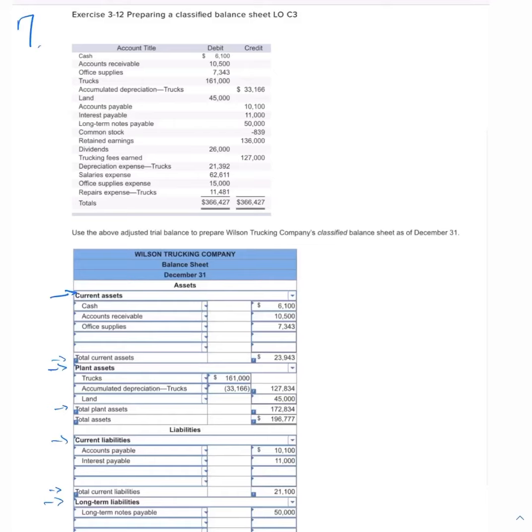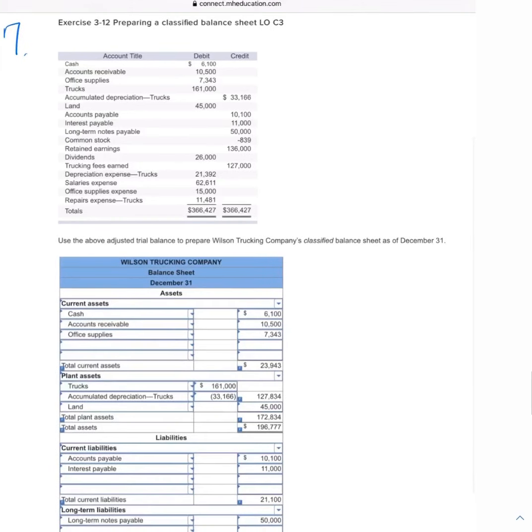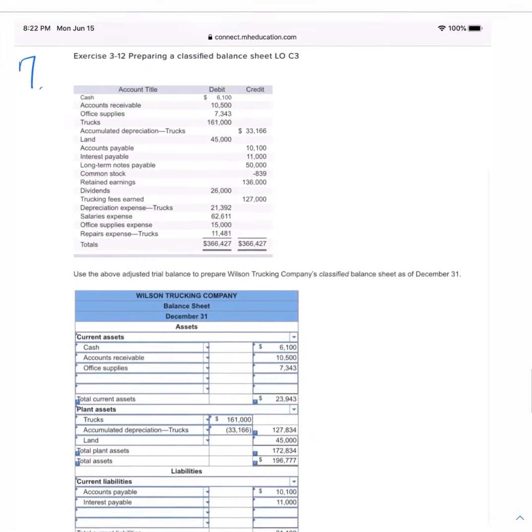Now you'll notice there's not a current and non-current portion of equity, because equity by definition is not current or non-current, it just is equity. So what we need to do then is figure out which assets are current and which assets are long-term, and then which liabilities are current and which liabilities are long-term.